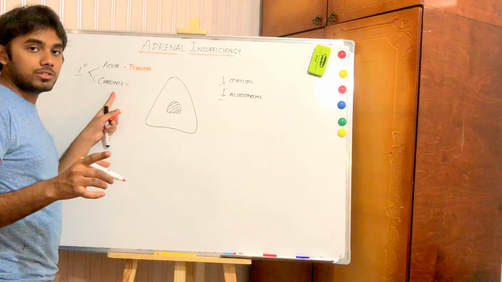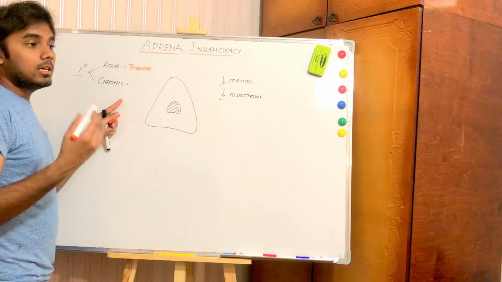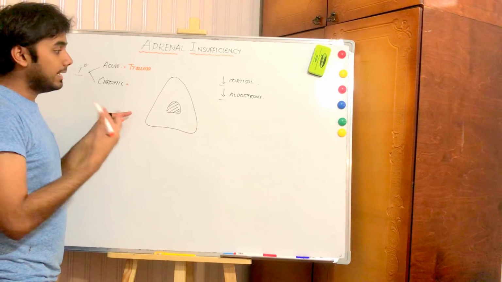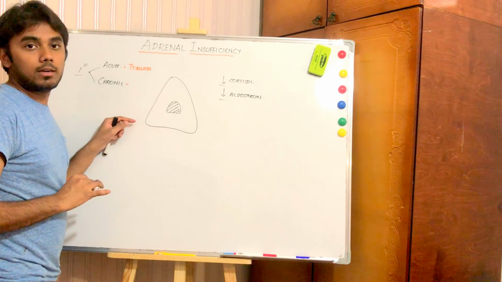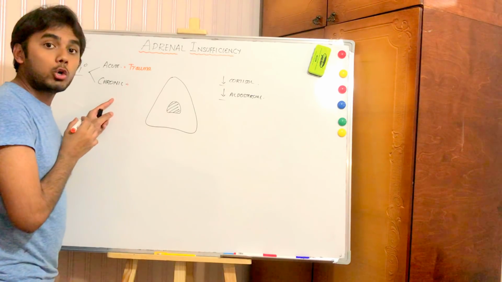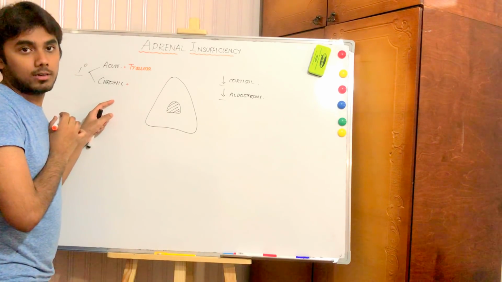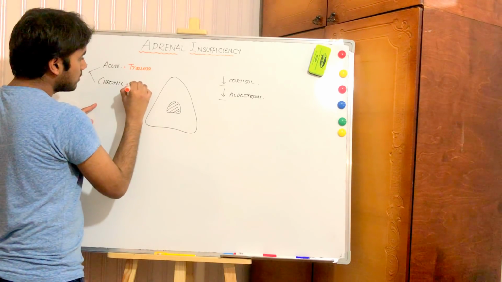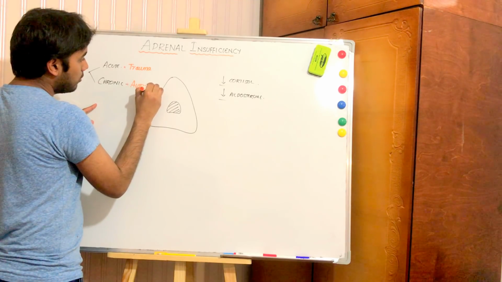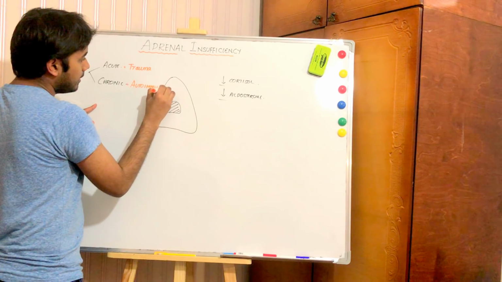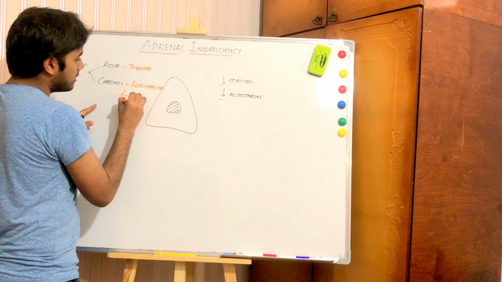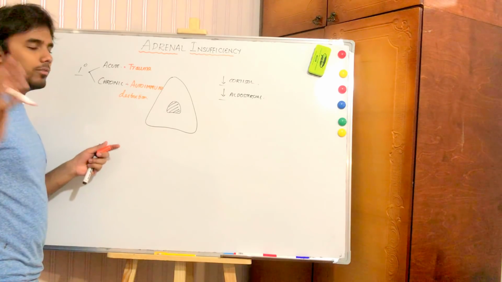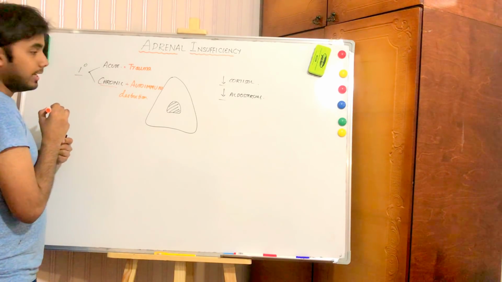What happens in chronic adrenal insufficiency? In chronic adrenal insufficiency, our own antibodies affect the adrenal gland and cause destruction of the adrenal gland, right? So we call it autoimmune destruction of the adrenal gland or adrenal atrophy, right? Autoimmune destruction happens very slowly over a long period of time, that is why it is called chronic, right?